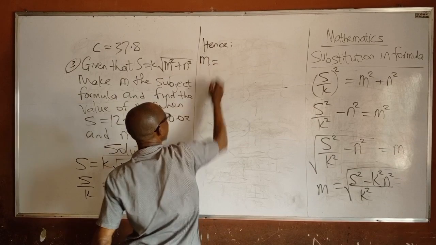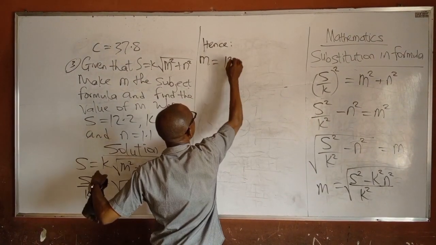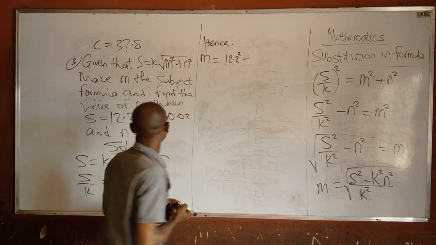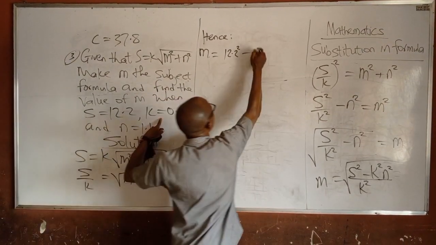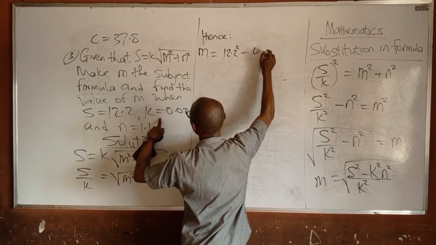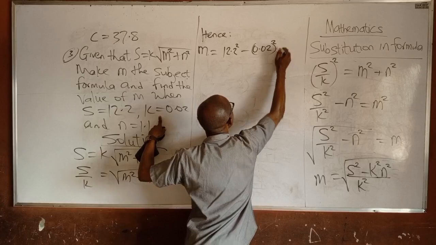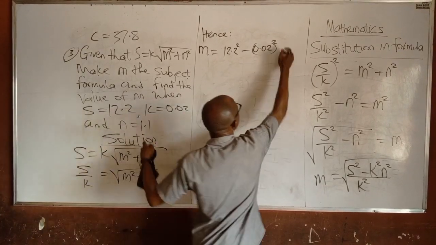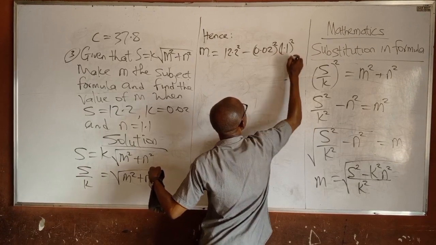Our m will now be equal to, our x is 12.2 minus, what do we have? Our k is given to be 0.02. This is squared. And our n is 1.1. This is squared.